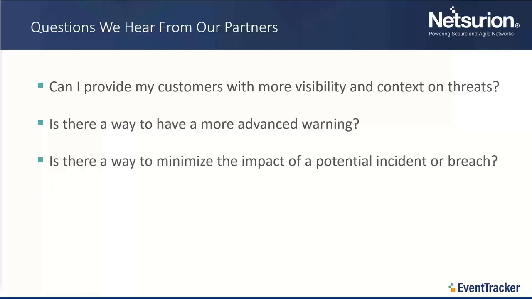And is there a way to minimize the impact of a potential incident or breach? Like I said, a breach is a process, a bad incident is a process, and sometimes it's all about mitigating that and ensuring that if you are breached, if something does happen, it happens in a way that minimizes the actual damage from that.